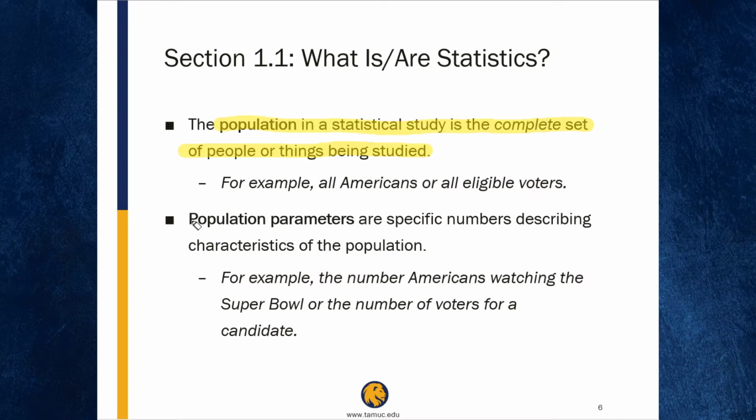The population parameters are the specific numbers describing characteristics of the population. So for instance, the number of Americans watching the Super Bowl would be a population parameter, or the number of voters for a specific candidate out of all eligible voters would be called a population parameter.